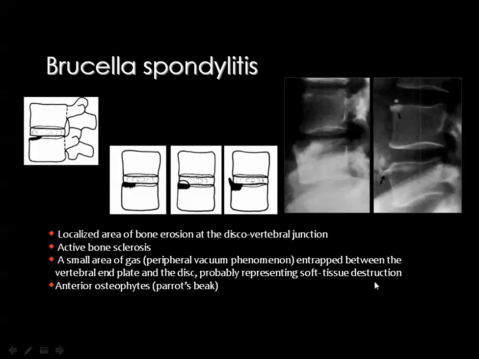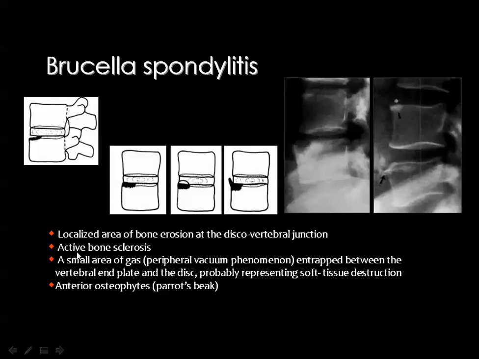And this is the sequelae of brucella spondylitis or spondylodiscitis, and you have a localized area of bone erosion in the anterior part of the vertebra adjacent to the disc.